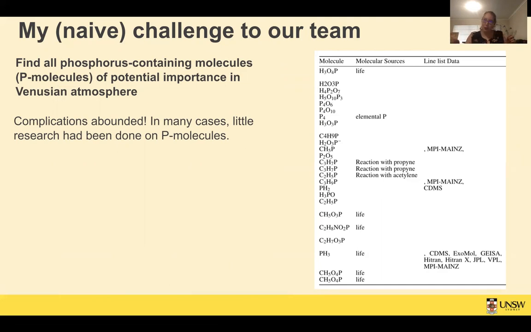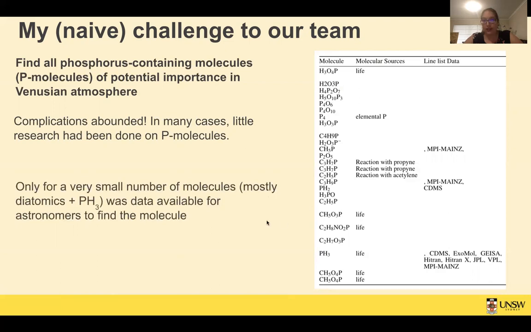But once you get it into the water in the form of phosphates, it goes from the water into biology, the biology degrades, it goes back into the water, and it goes round and round and round. But the atmosphere actually doesn't really take part in any of it. So the atmospheric phosphorus molecules are really, really rare. Phosphine's the most common, but it's still like parts per trillion. I've probably got that order of magnitude, but very, very low abundance.